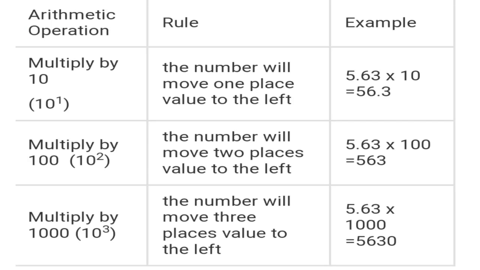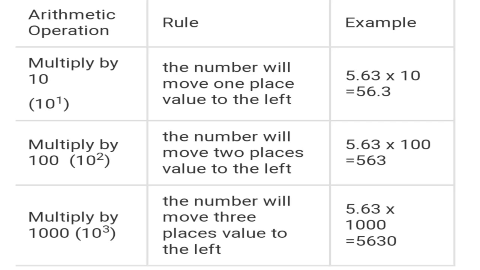Here, let us first learn about the arithmetic operation of multiplication by 10, 100 and 1000. If we want to multiply a decimal number by 10, then the rule says the number will move one place value to the right.